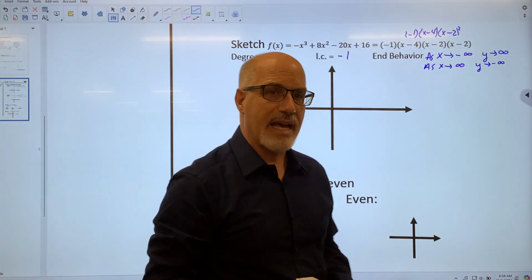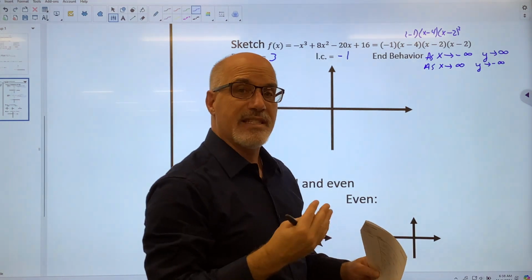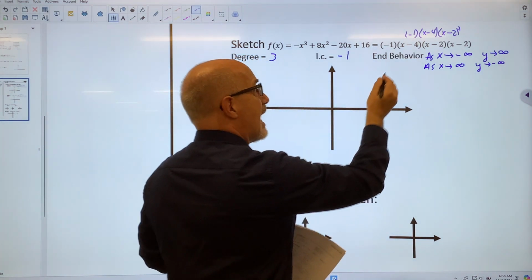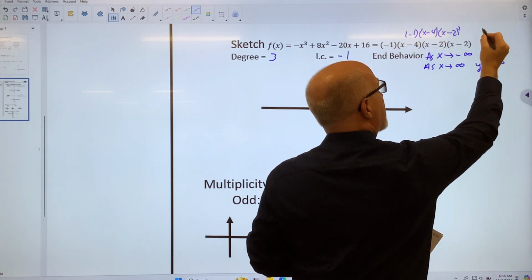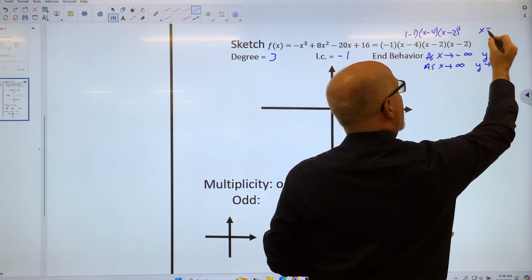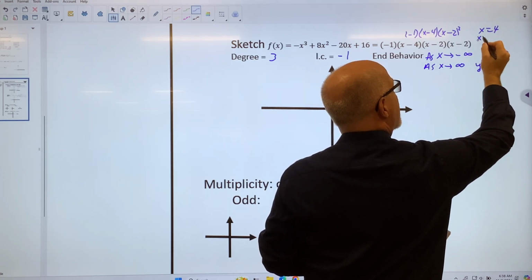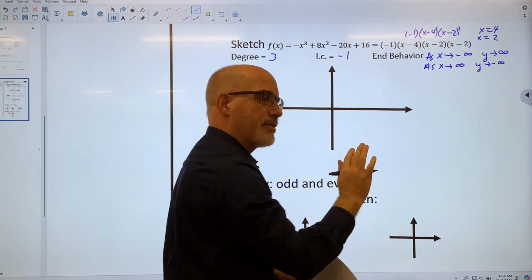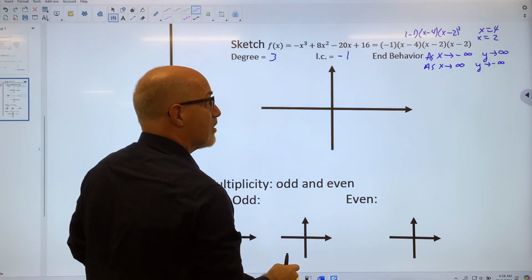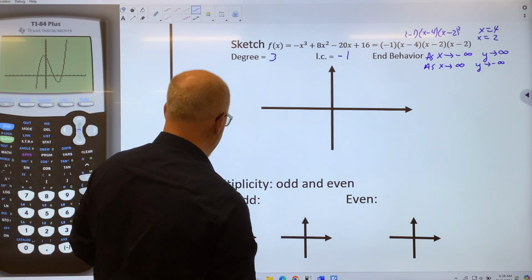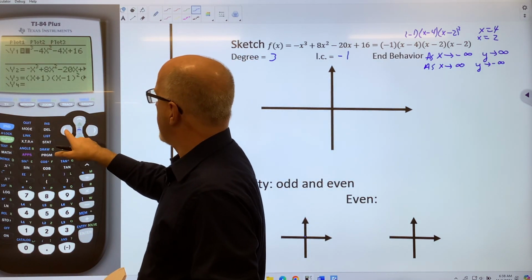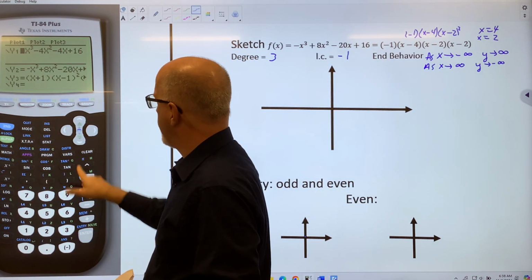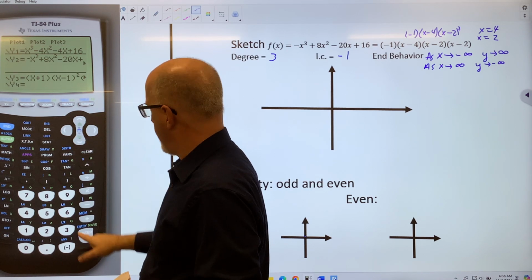Because of that, when I look at the graph, you're going to see something different happen at this value. Remember, I'm looking for the intercepts. Intercepts are going to be at x equals 4 and x equals 2. Those are my 2 intercepts. Now let's look at what our graph looks like. As I pull up my graph, I'll turn this graph off, and then turn this graph on.